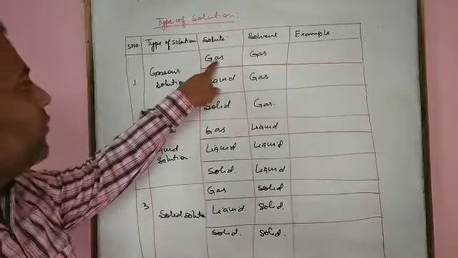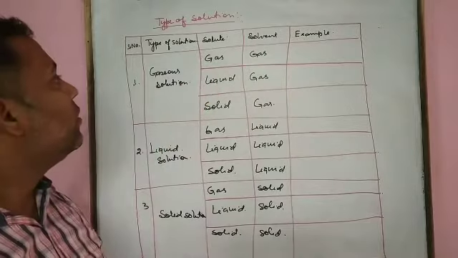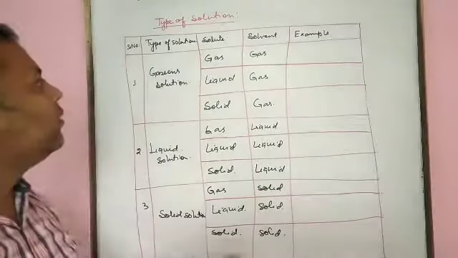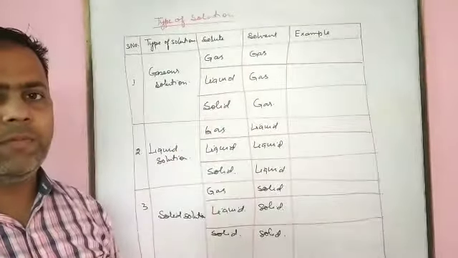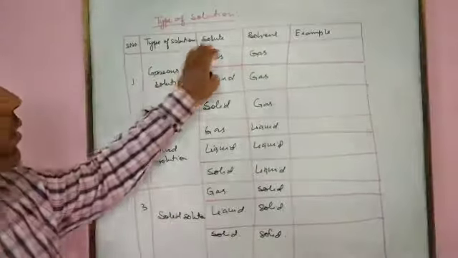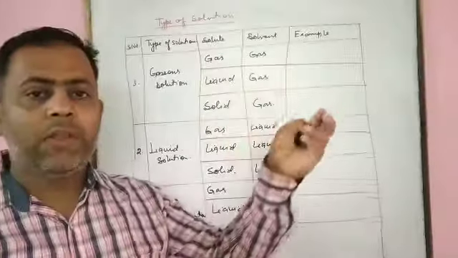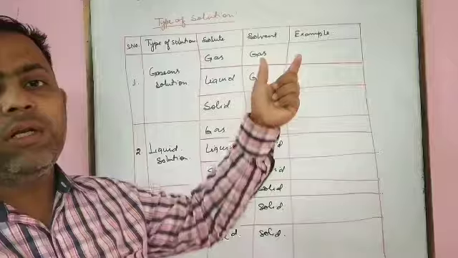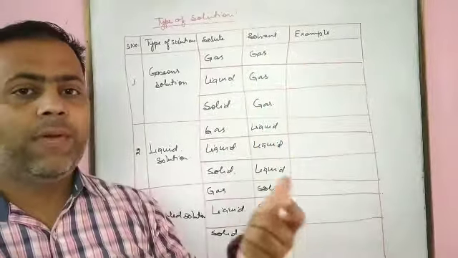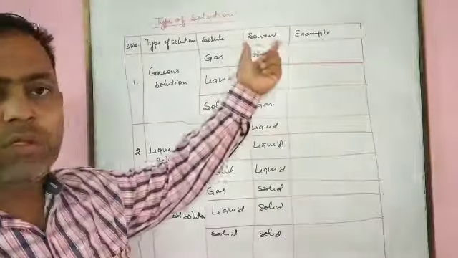The first which we are discussing is the solution of gas in gas. The example of gas in gas is our atmosphere. It means the oxygen in the atmosphere, that is 21%, is acting as solute, and the nitrogen in the atmosphere, which is 78%, is acting as solvent.